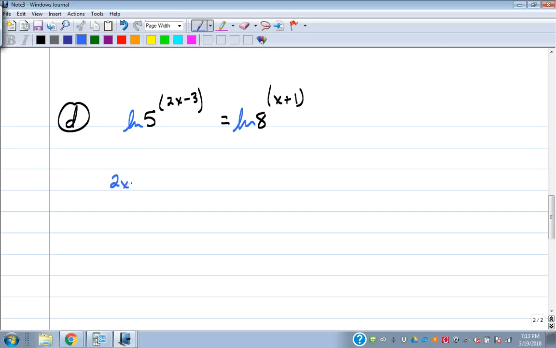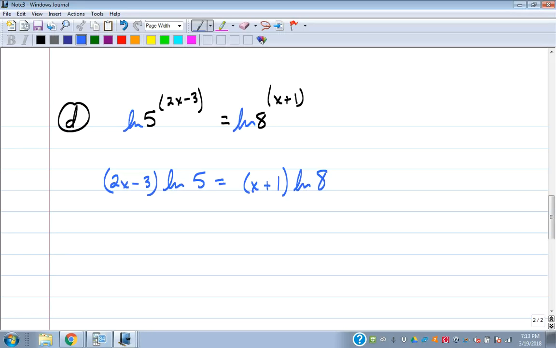So that's going to give us 2x minus 3, natural log of 5 again, and then we're going to get x plus 1, natural log of 8. Now, on this one, we don't have the luxury of not distributing because there's x's on both sides.